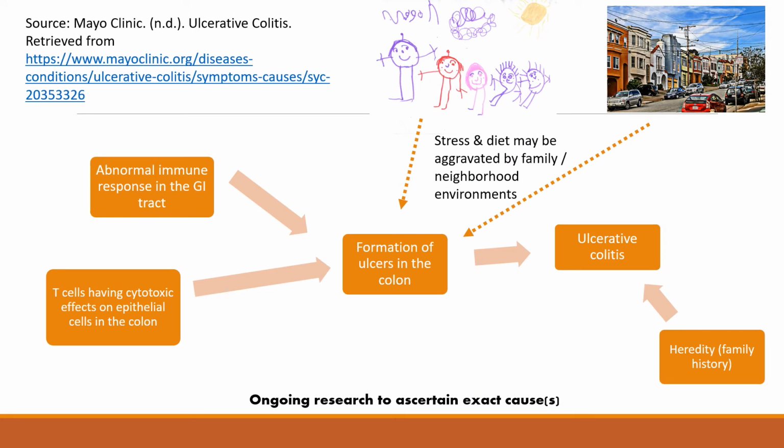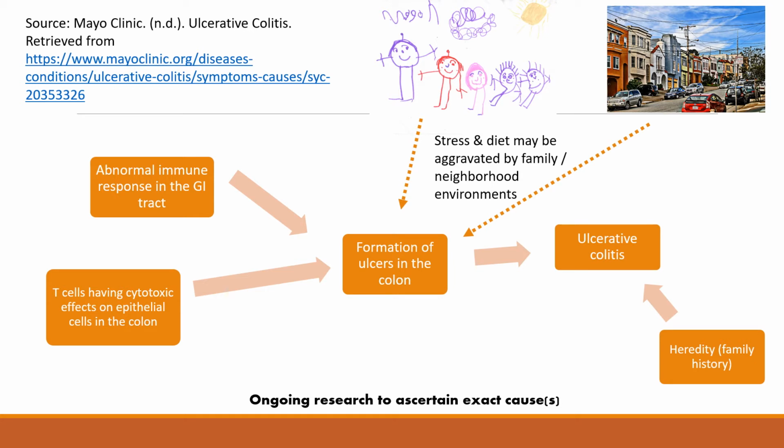To this day, the exact cause of ulcerative colitis remains unknown. But we know that ulcerative colitis can happen partly because our immune system malfunctions. When that happens, our immune system attacks the cells in our digestive tract. This can lead to an inability of our immune system to fight off invading viruses and bacteria.